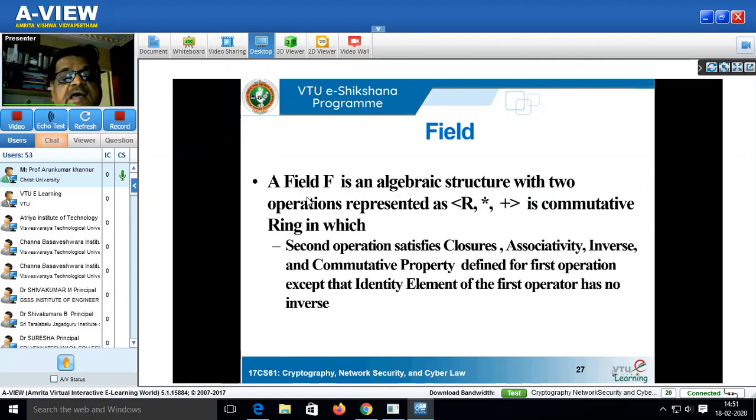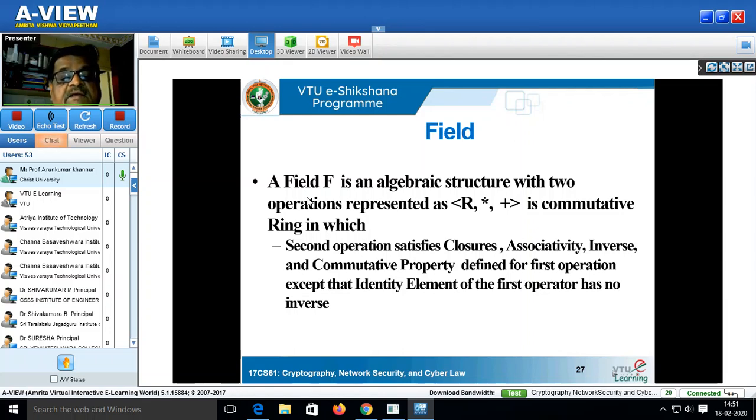Now the last algebraic structure is field. A field F is an algebraic structure with two operations, represented as F, star, plus, that is a commutative ring in which the second operation satisfies closure, associativity, inverse and commutative property defined for the first operation, except that the identity element of the first operator has no inverse.